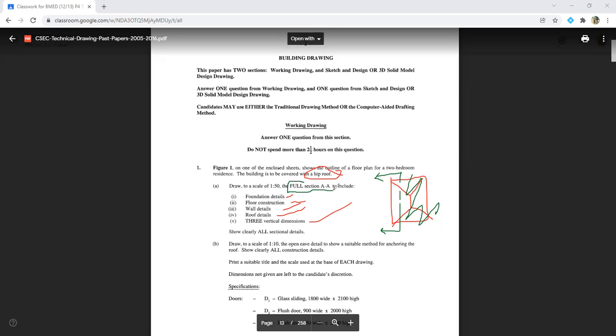When they say full, the word full here means that you must draw everything right through the building, through the floor, through the footing, through the ring beam, the wall plate, your rafter, your overhang, your roofing material, be it plyboard, shingle, sheet, zinc, whatever it is that you're using up here.